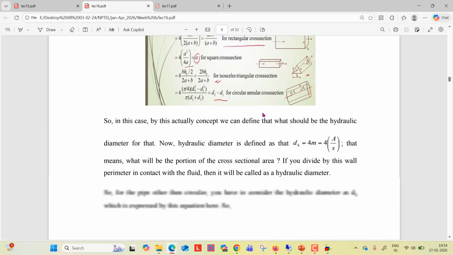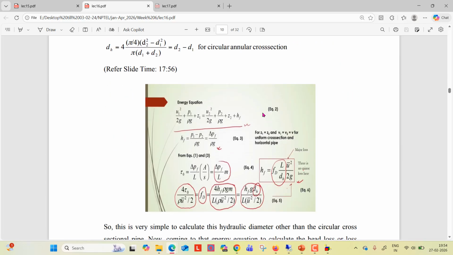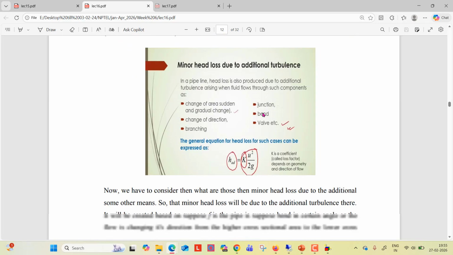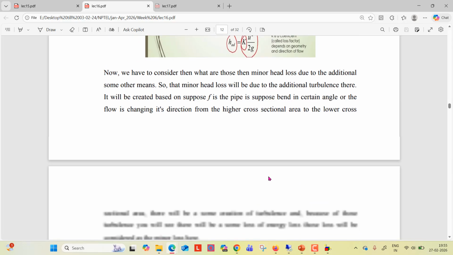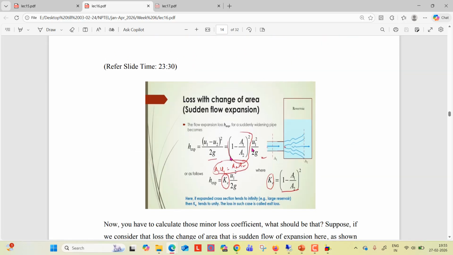Next, here is the minor head loss count. Now the flow is happening in a sudden expansion. You can see how this is represented.